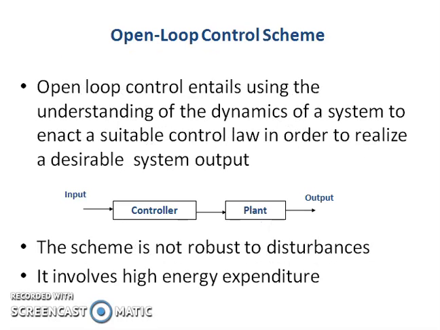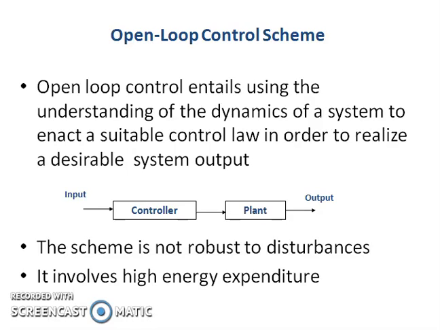Now let's look at the comparison between open loop control and closed loop control. Open loop control entails using the understanding of the dynamics of a physical system to enact a suitable control law in order to realize a desirable system response. In open loop control, there is no measurement of the state or the output of the system.